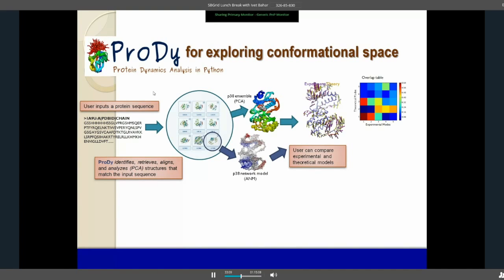On the other hand, using the ANM, it is possible also to predict the alternative conformers using the elastic network model. And then we can compare the principal modes from experiment versus the ANM modes from the theory, and see how they overlap in this overlap table.